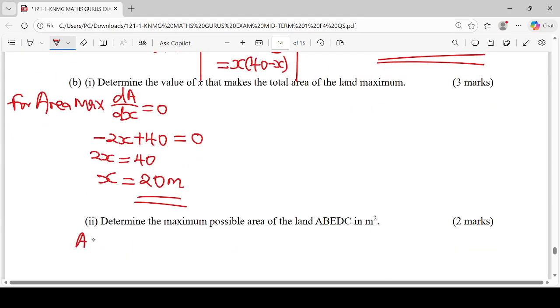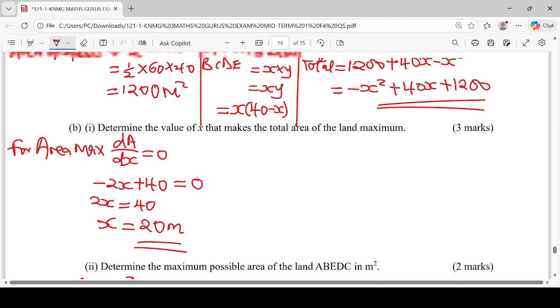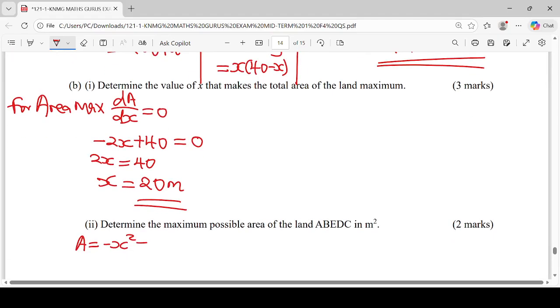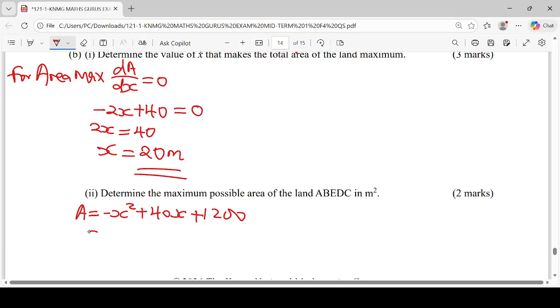Remember, area is given by negative x squared plus 40x plus 1200. So this is going to be now negative 20 squared plus 40 into 20 plus 1200.